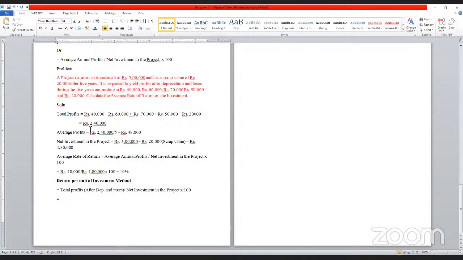So total profits are how much? 2,40,000 rupees. 2,40,000 divided by net investment in the project, 4,80,000 into 100. So how much you will get? That will be 30%. Is it clear?